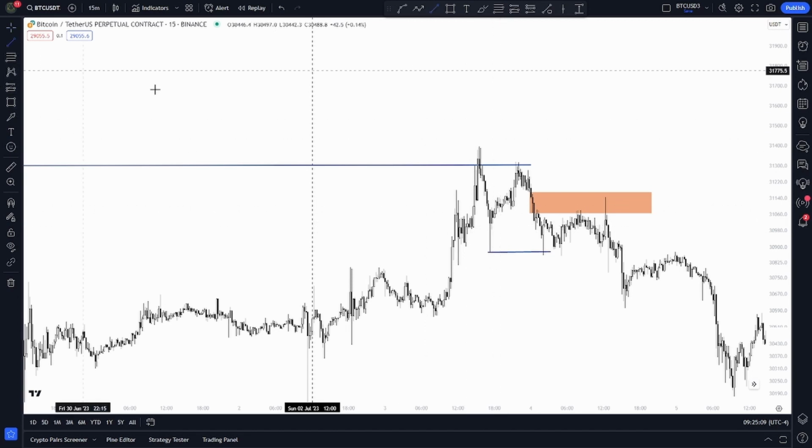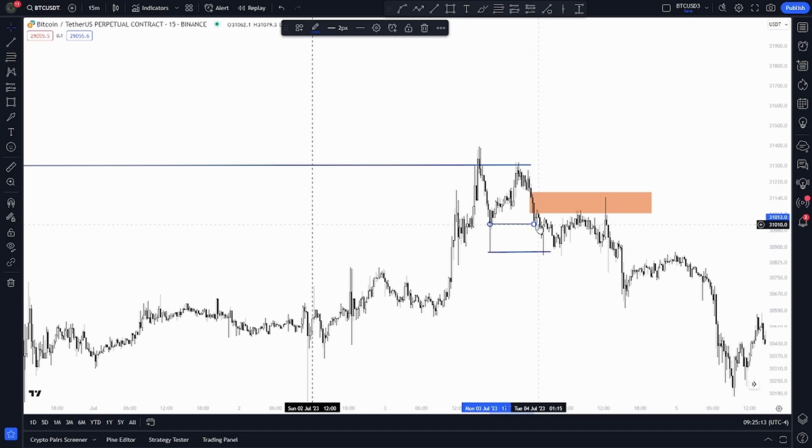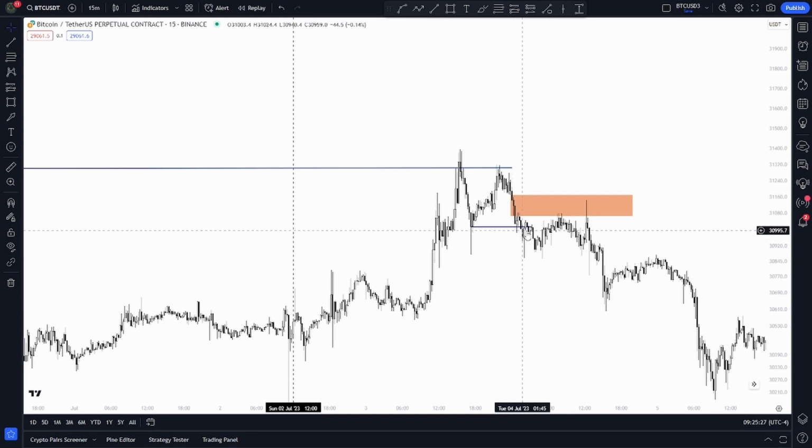This bottom candle closes here, then price closes several candles below this level. So I use candle bodies to check for market structure, and I can say that there is a liquidity void.